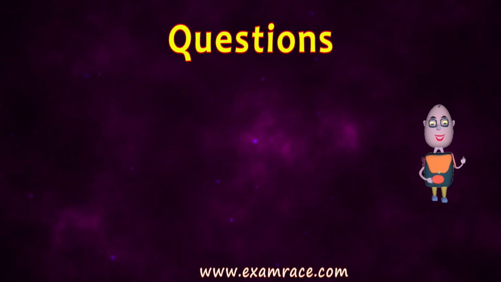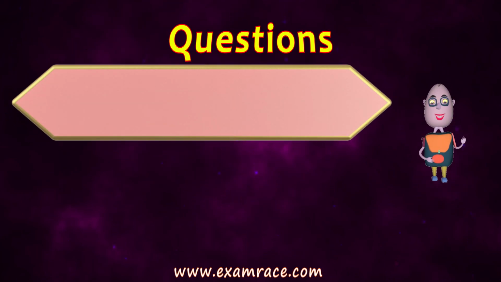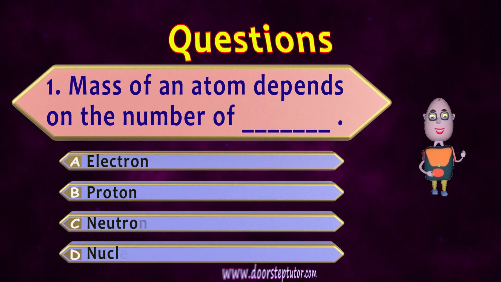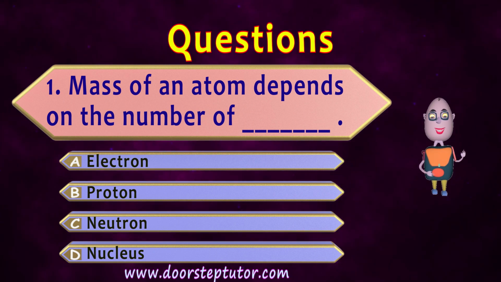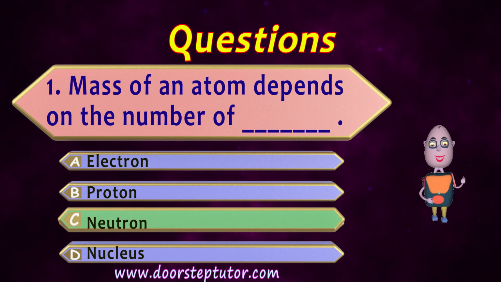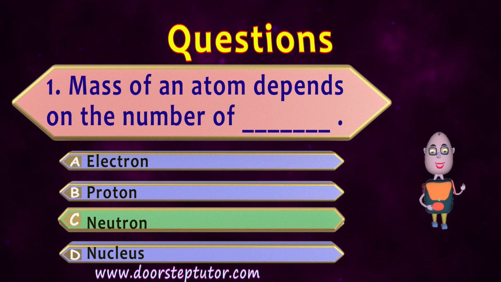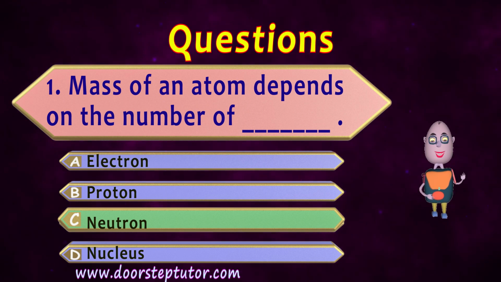Now let's talk about the objective questions related to this topic. The first question is, the mass of an atom depends on the number of dash. So, the mass of an atom depends on the number of neutrons, as we know that the number of protons never changes.